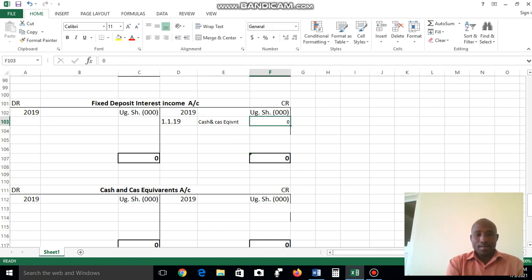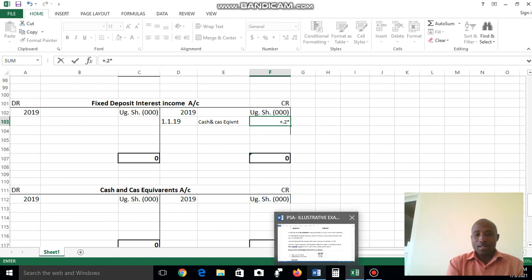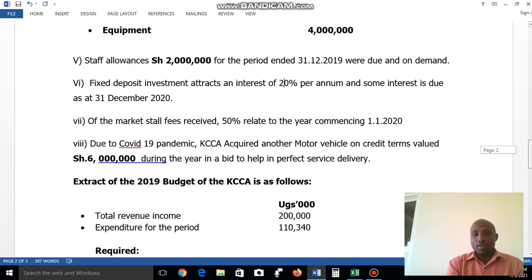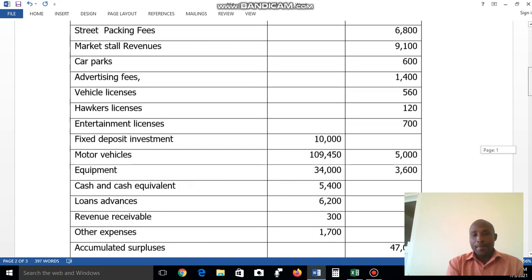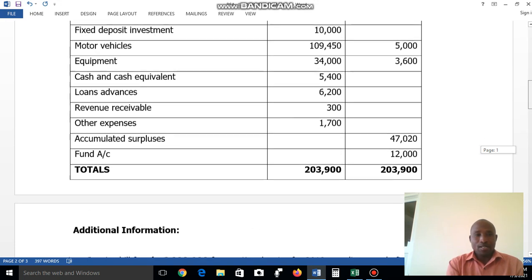We recognize here the 20%. The 20% of what? Of the investment. How much is our investment? If you can refer back to our trial balance, the investment is here. Where is it?